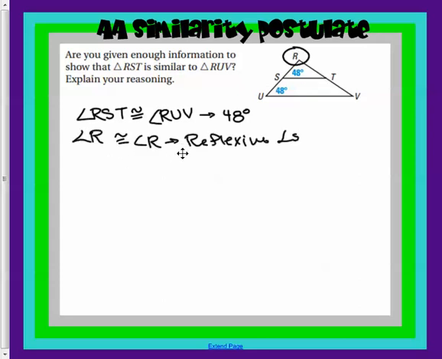So we know angle R is congruent to angle R because they're reflexive angles. We have to state this. It's saying that this angle R in the big triangle is the same as angle R in the little triangle. So these are our two angles. So we can say, as long as we have these two pieces of information, that they are similar by the angle-angle postulate. So triangle URV is similar to triangle SRT by angle-angle postulate.